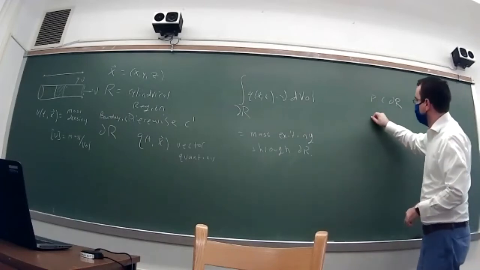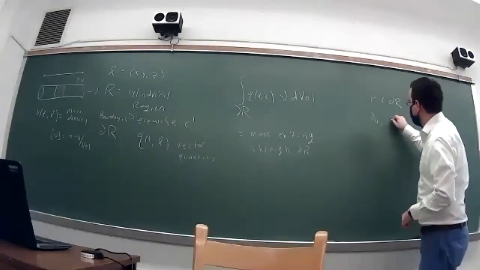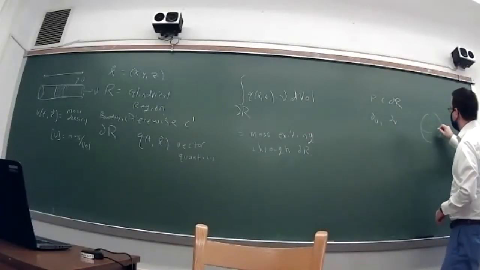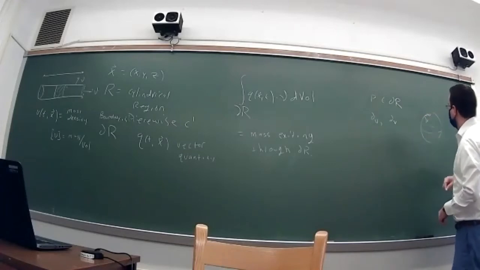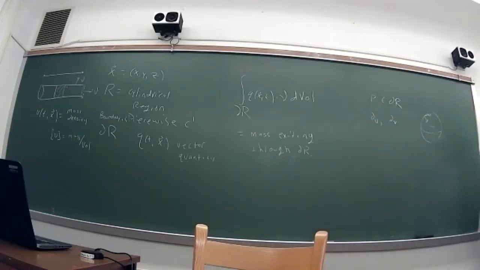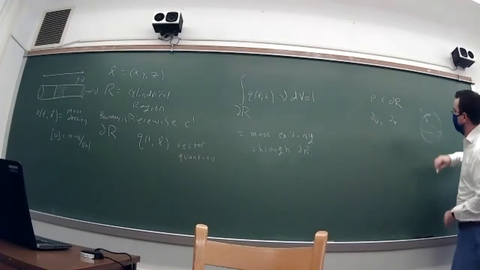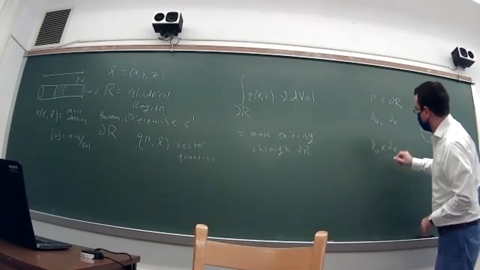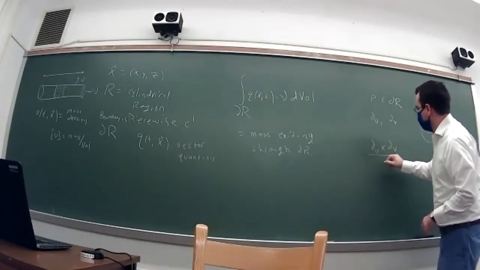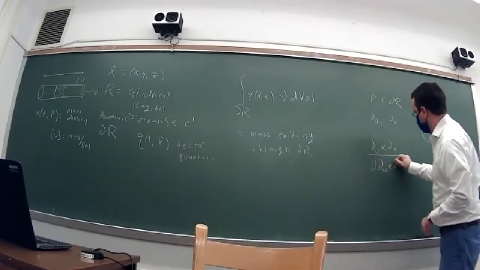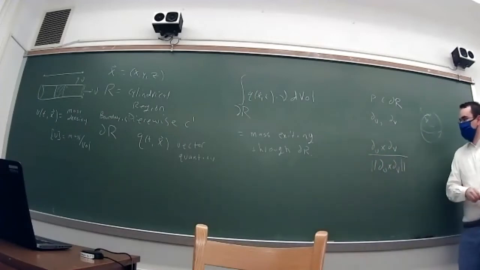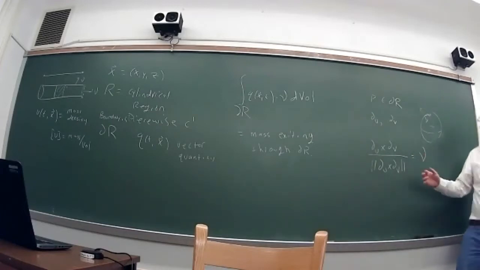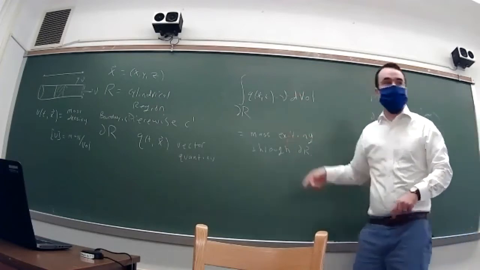So you can look at vectors along the surface in the u and v directions. And then the normal vector you can get by taking the cross product, and then dividing by its length in order to make it a unit vector, because you don't want to mess up the integral by having some extra scaling.